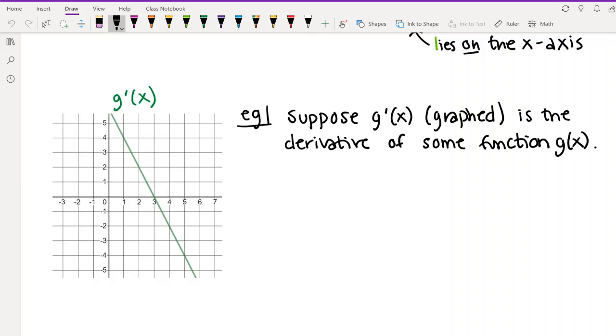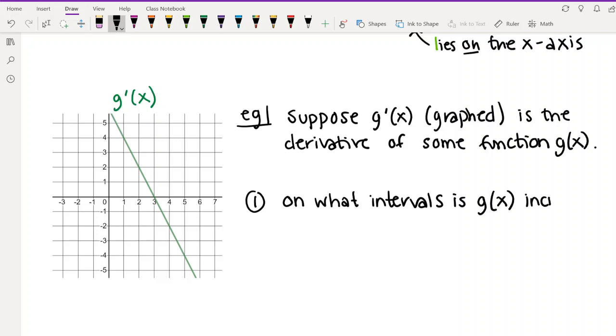And so just by looking at the graph of the derivative, I want to answer the following questions. So first question is, on what intervals is g of x, the original function, increasing?